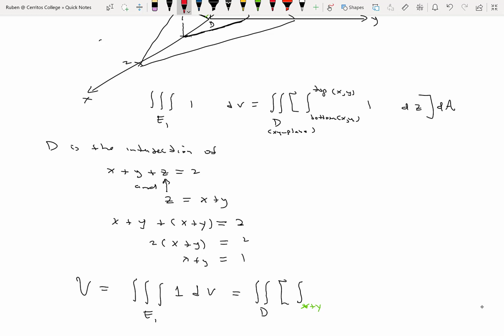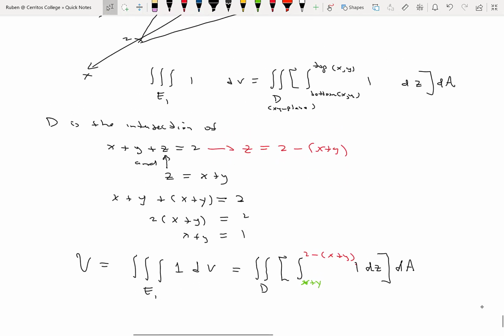If x plus y plus z equals 2, that means z equals 2 minus (x plus y). The function we're integrating for volume is always 1. This inner integral is evaluated from bottom to top, in the z direction. Then we integrate that result dA over the region D in the xy plane.